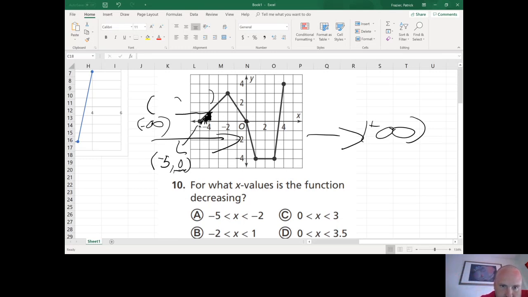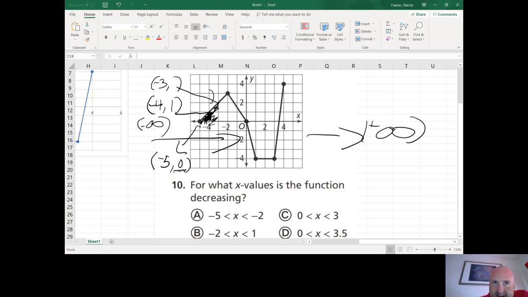I'll rewrite that so it's a little bit clearer. -4, 1. So we're getting bigger each time, and then we go up to this point where x equals -3.